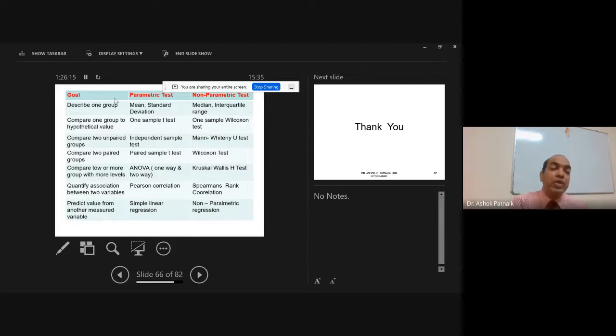If you want to describe one group, then you need to choose mean, standard deviation, or median with interquartile range. If you want to compare two unpaired groups, then you have to go for the independent sample t-test or the Mann-Whitney U-test. These all you will get in the statistics tools when you go to analyze. Similarly, for a paired comparison, the paired sample t-test and the Wilcoxon test, right?